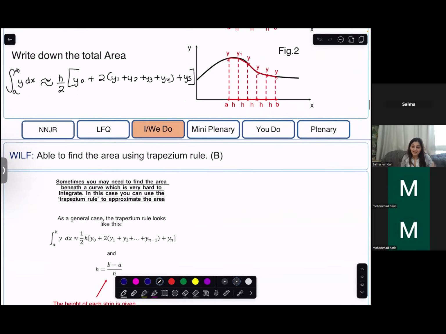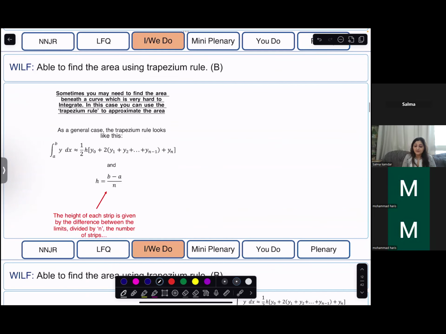So when you're using the trapezium rule, you are finding the area under the curve whose integration is not very easy. Are you with me? Okay. Your general trapezium rule would look like this. You're integrating y dx between a and b.